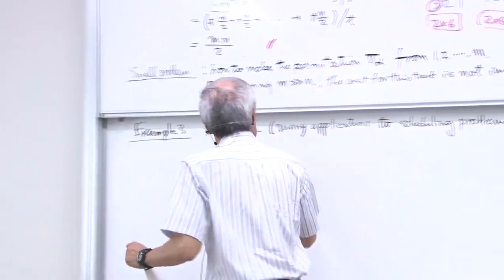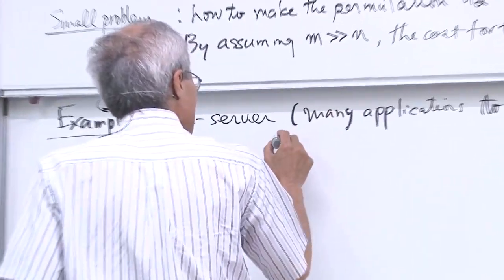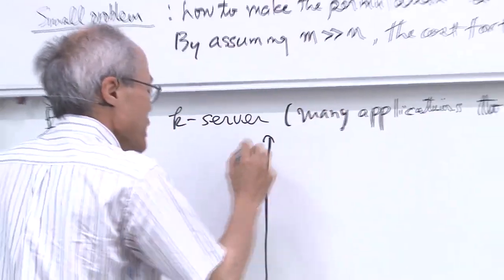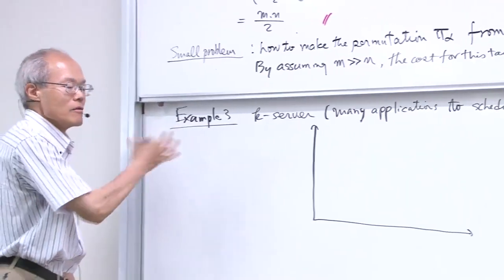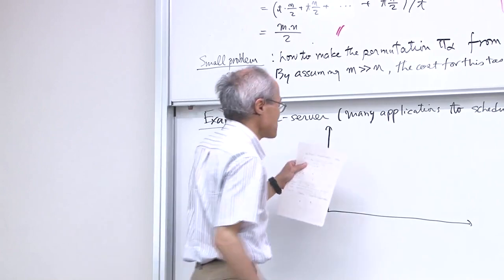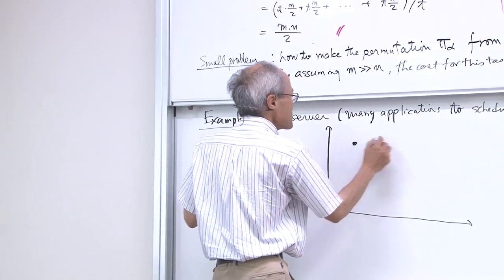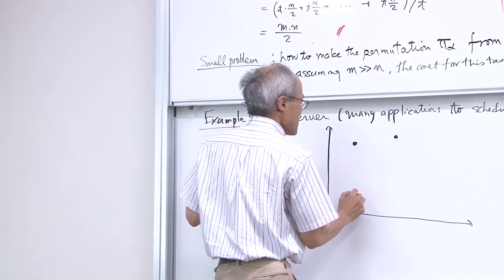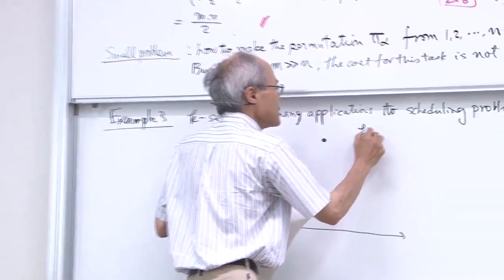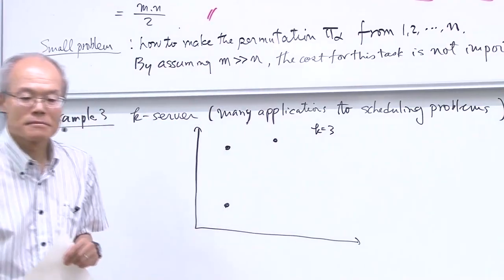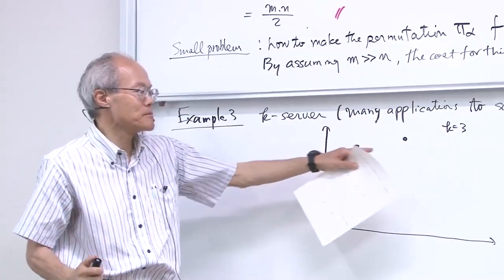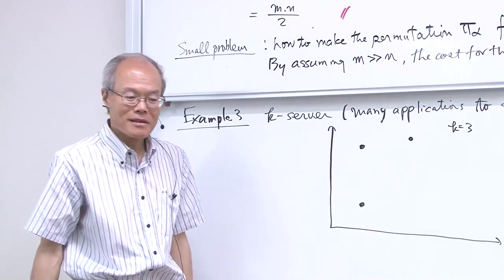The game is played over a two-dimensional Euclid plane. So we have K servers, K equals 3. We have 3 servers located at some positions initially.